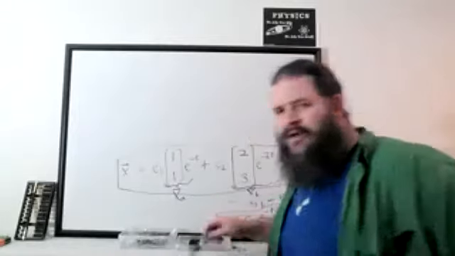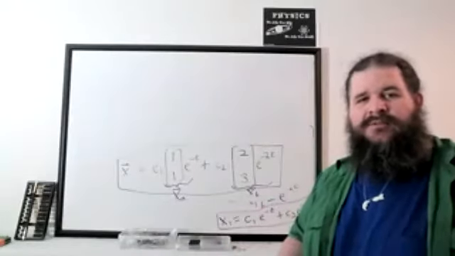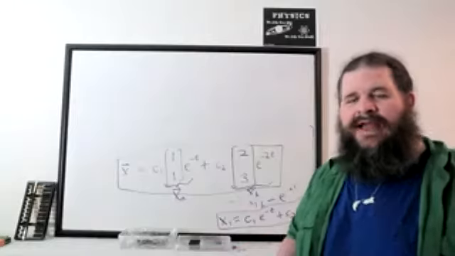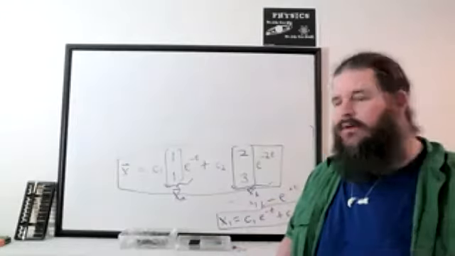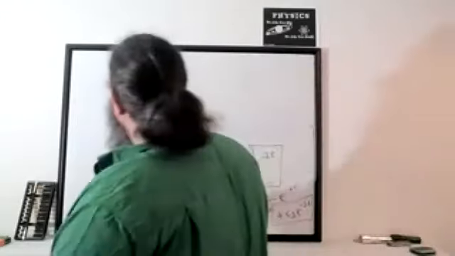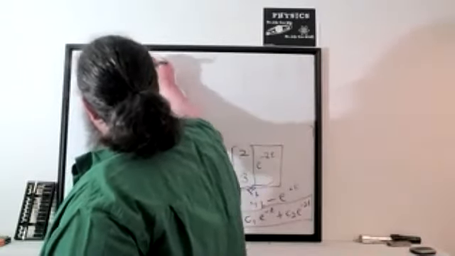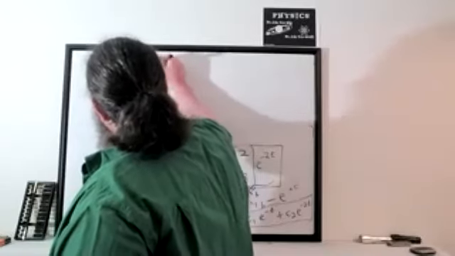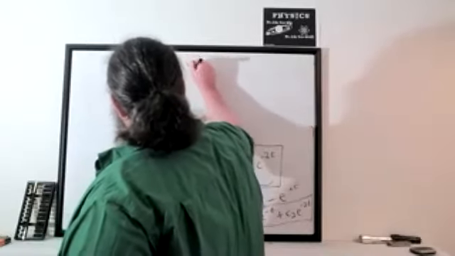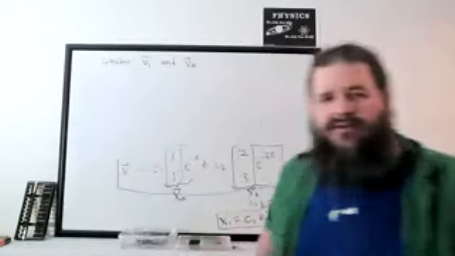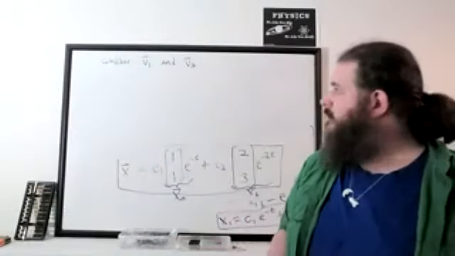The whole definition of linear dependence versus independence ultimately goes back to the idea of adding up a linear combination to get 0. So let's say we have some vectors, v1 and v2. And it could be any number of vectors. Let's take a look at just two vectors for the moment.